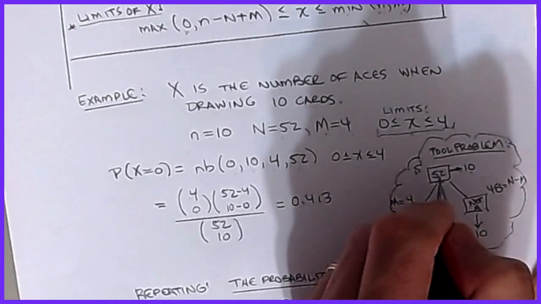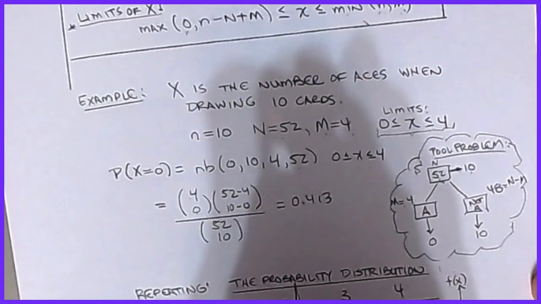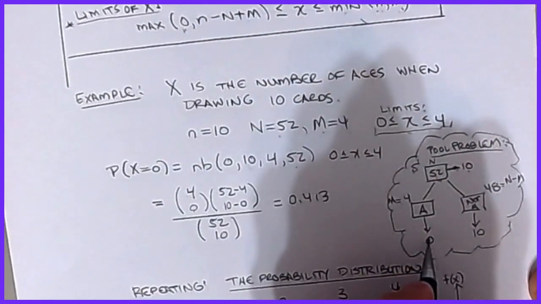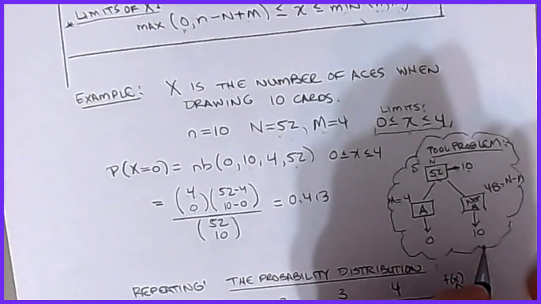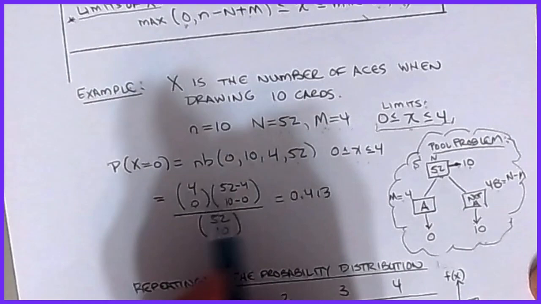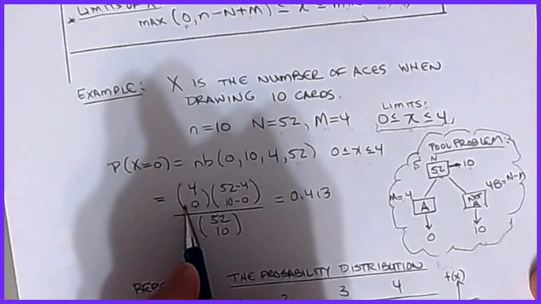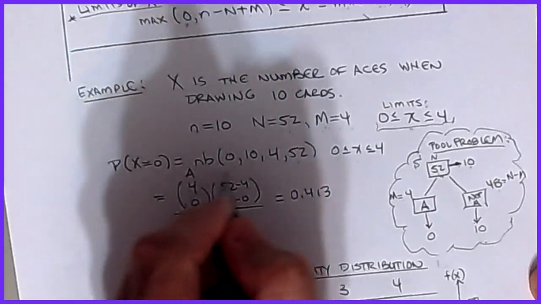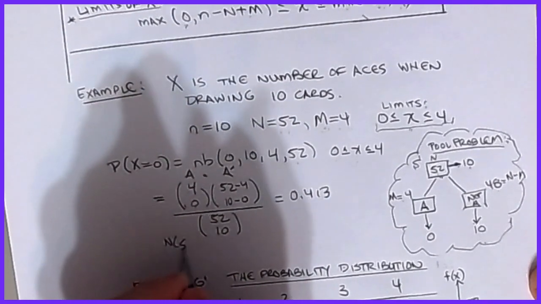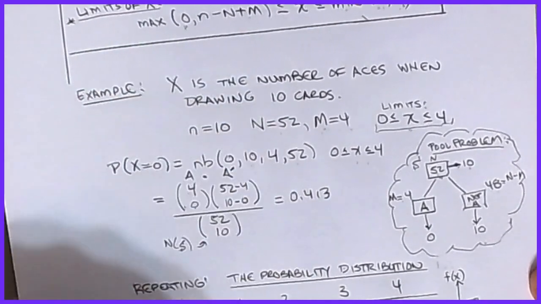Because we had 52 here, so that's N, you can see. And so the event that I'm looking for in this scenario is I want to pull 0 out of this, which means I have to pull 10 out of this. And when we do that, that's the exact way that we calculated the probability in that. Here's the first event, so that's my ace event. This is my not-ace event. I'm multiplying by that, and then this is the number of ways of the sample space.